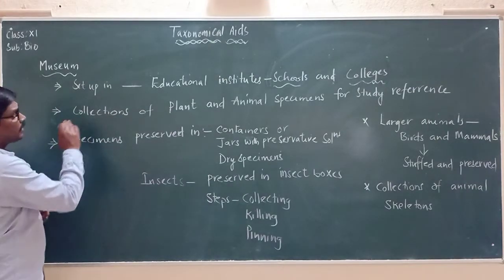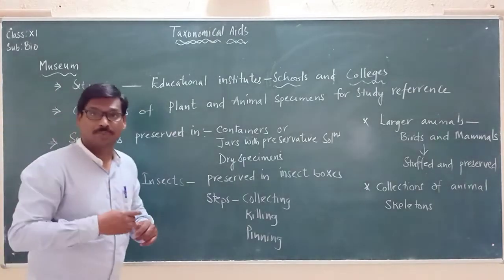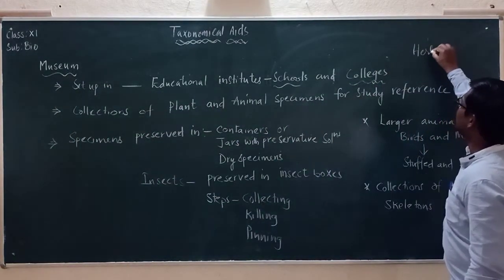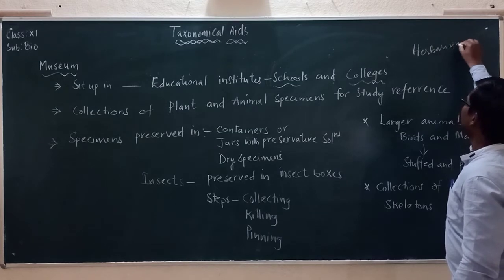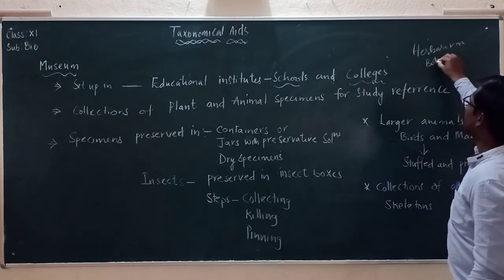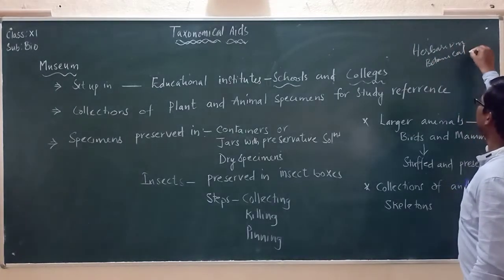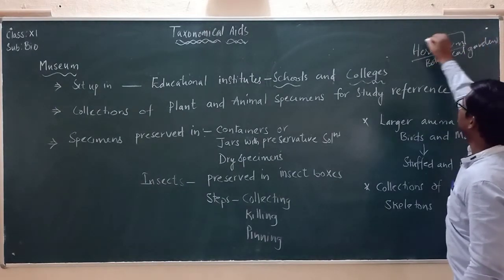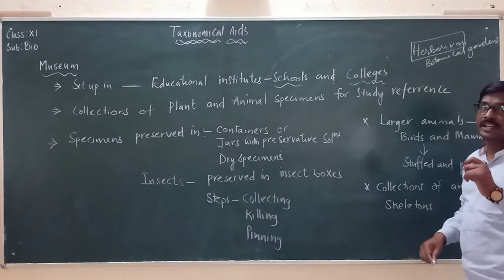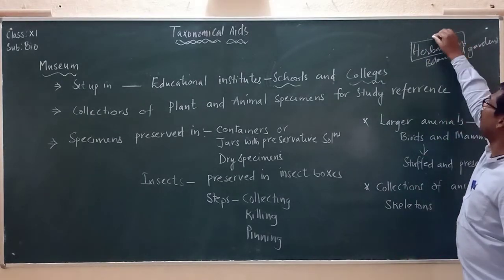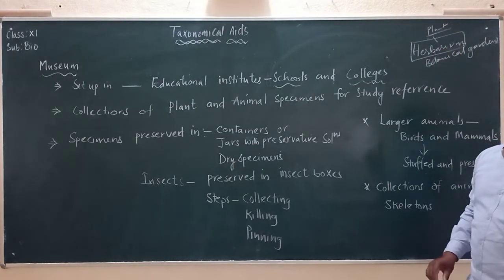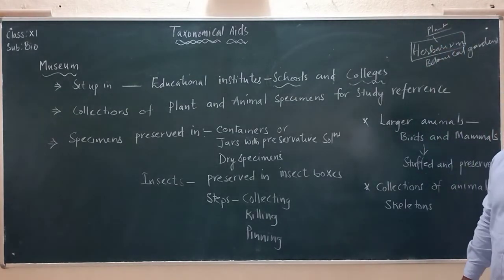If you look at the previous videos, we studied the herbarium and also botanical gardens. We said that in a herbarium there are plant specimens which are not living plants.